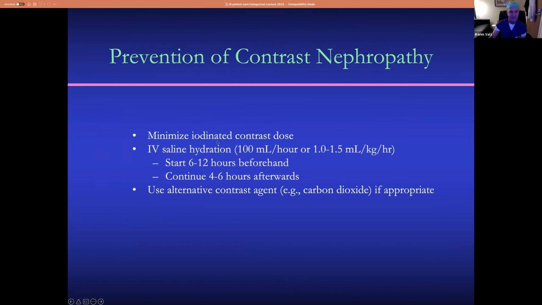But as a general rule, you want to always do that. Use the minimum dose of any drug we give a patient. If you're concerned about it, then the only really well-proven and effective way to prevent that, if you believe it, is with IV saline hydration. And there are various protocols that you can use. As an alternative, in angio, we can occasionally use carbon dioxide.